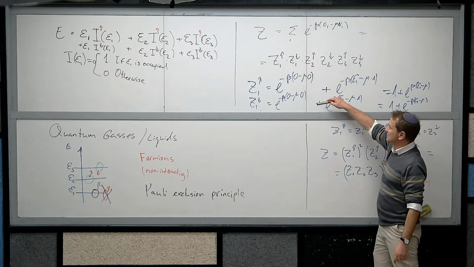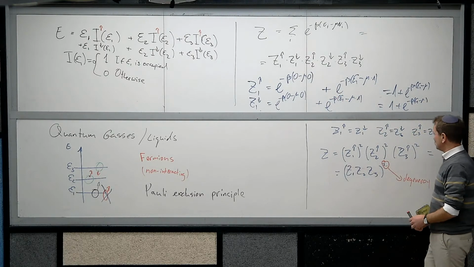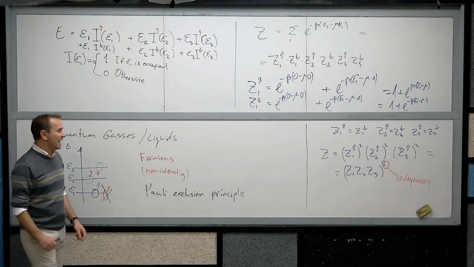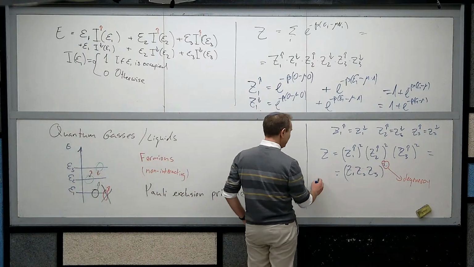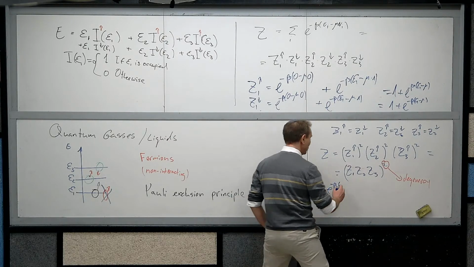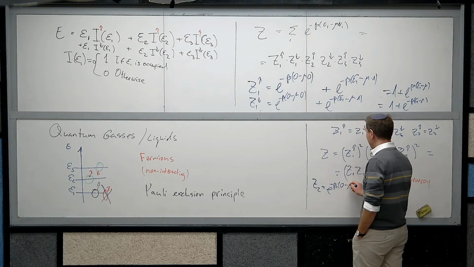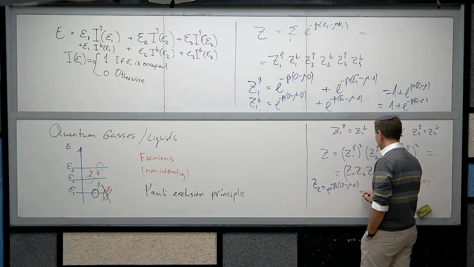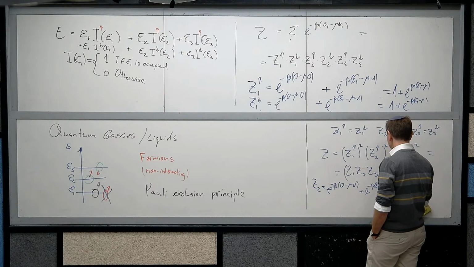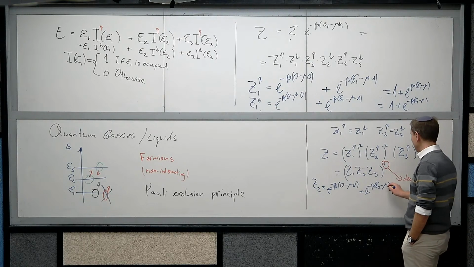All right, so what happens? So we know Z1 up, Z1 down. What happens to Z2 and Z3? The calculation goes exactly as for Z1. So Z2 is e to the power minus beta, if it's unoccupied, so the energy is 0, minus mu multiplied by 0, plus e to the power minus beta epsilon 2 minus mu multiplied by 1.